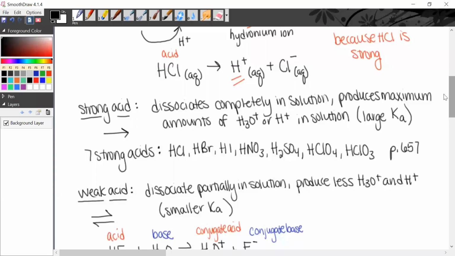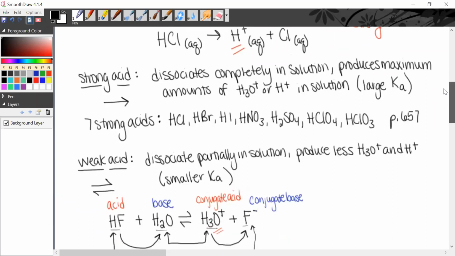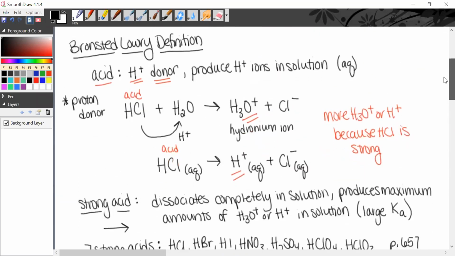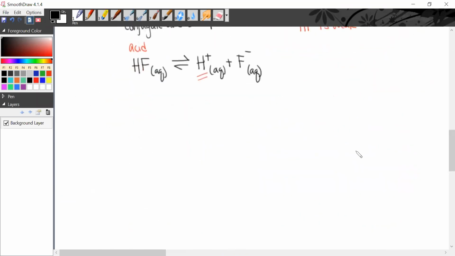All right, so now let's talk bases, okay? A base is an H plus acceptor.